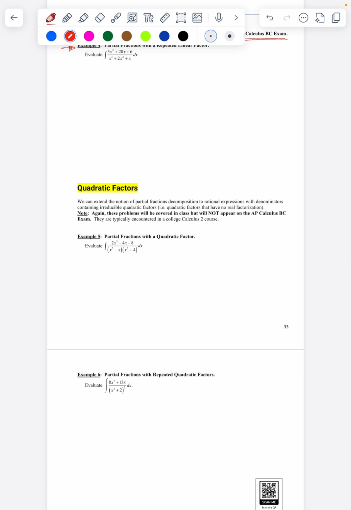Quadratic factors. Again, these problems will be covered in class but not appear on the AP Calc exam. Unfortunately, because of the timing for this year, I'm not going to do them in class either. So again, these are a nice to know, not a need to know, so we're not going to do this.